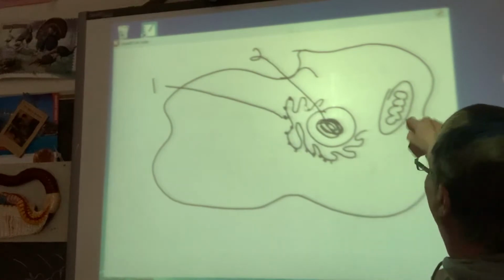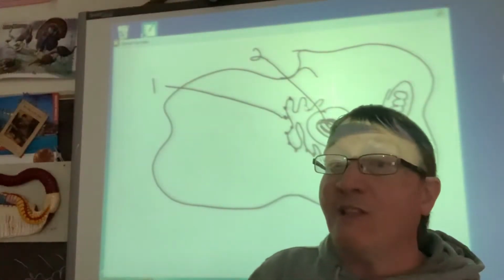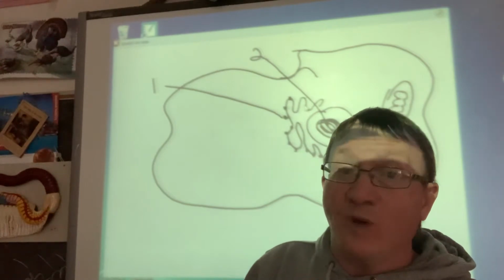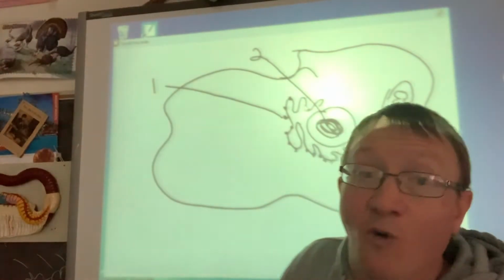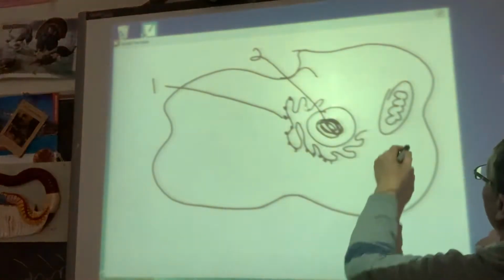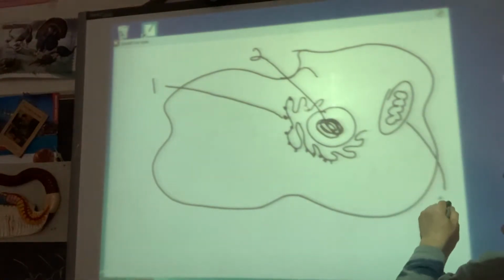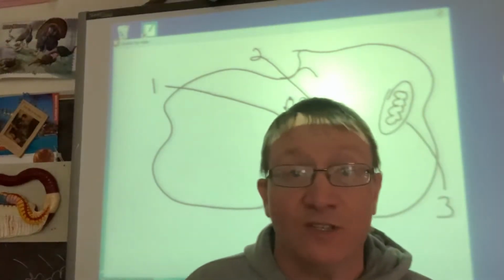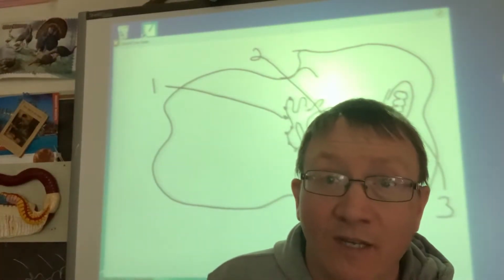And then you have that, I told you they love those hot dog looking things, right? With the squiggles in the middle. That's always going to be a mitochondria. Okay, so number 3 is right there, and that's what that's labeled. And they love putting those on your Regents, so make sure you know them.